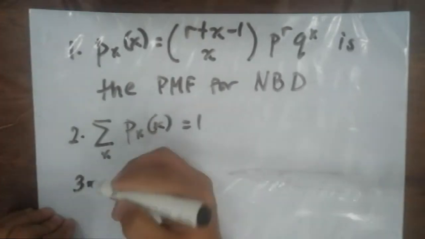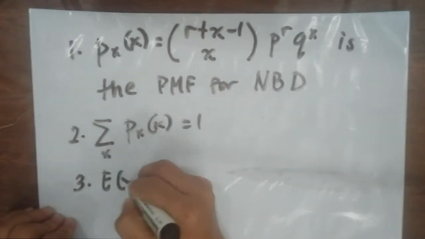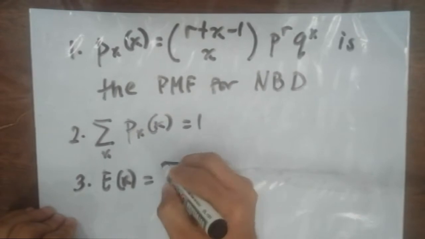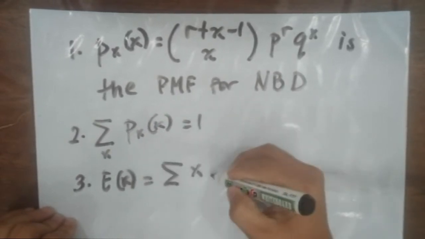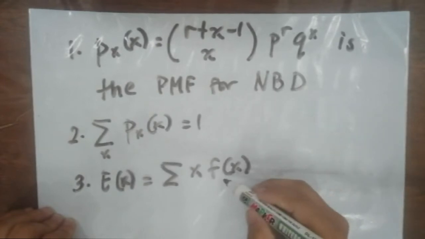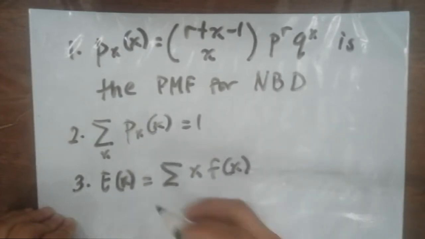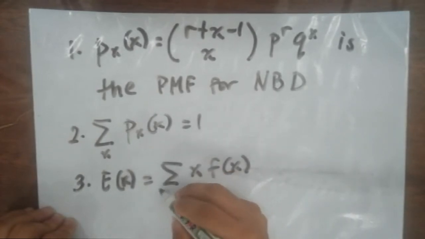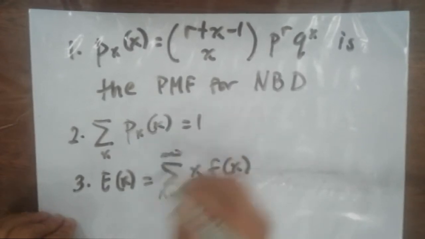Number 3, the formula for expectation of X is equal to the summation of x times f of x, or this is the PMF of X, x equals 0 to infinity.